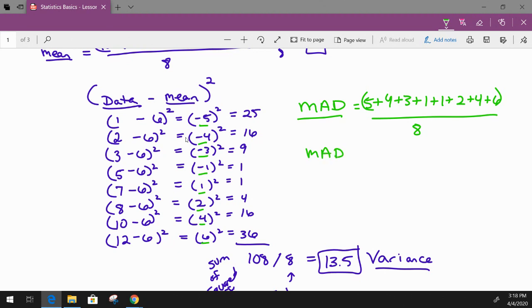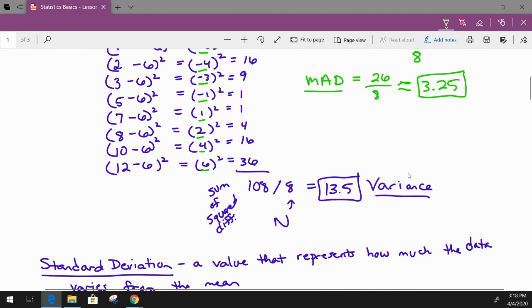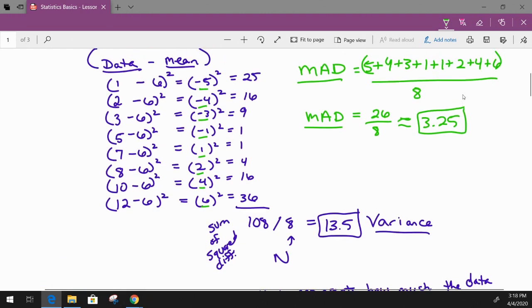The sum of the absolute values of those differences is 26, divided by 8, which is 3.25.